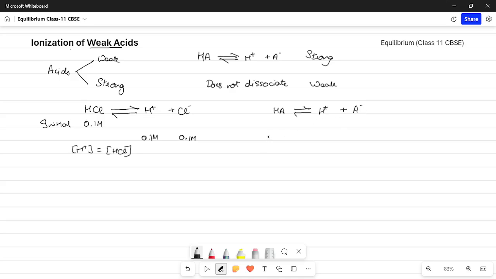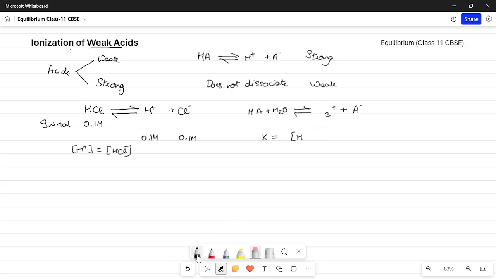Now let's write the equilibrium constant equation. I should have also mentioned that this is in water. So HA plus H2O gives rise to H3O plus plus A minus.